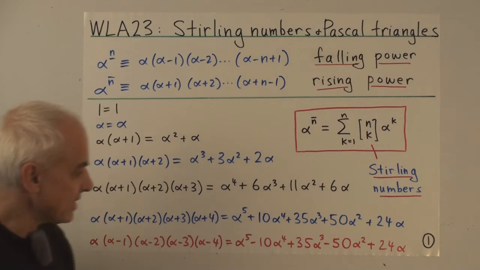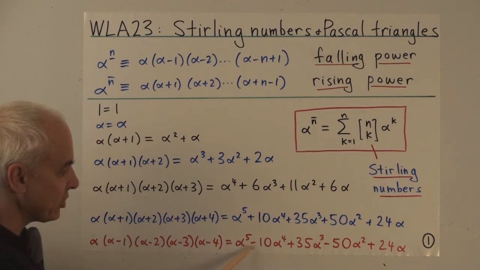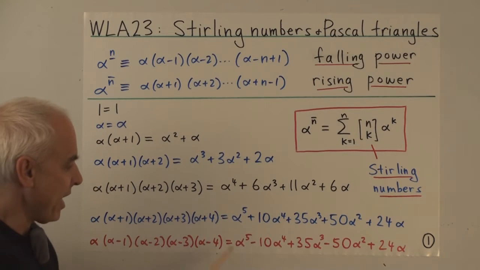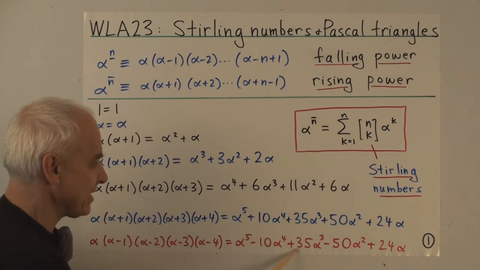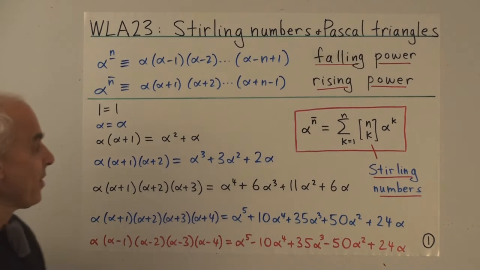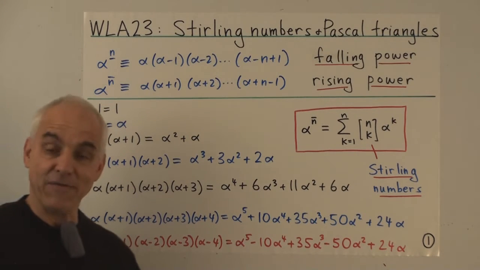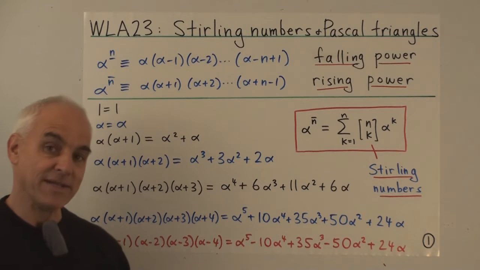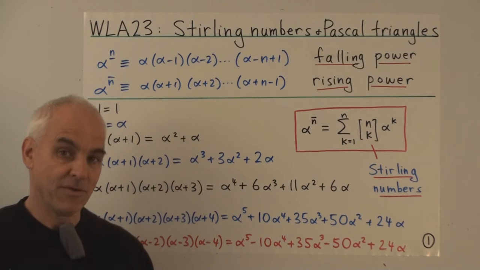The difference is that every second term has a minus sign in front of it. But otherwise, the coefficients are exactly the same as for alpha to the 5 rising. So once we know how to expand alpha to the n rising, we can also very quickly figure out what is alpha to the n falling.